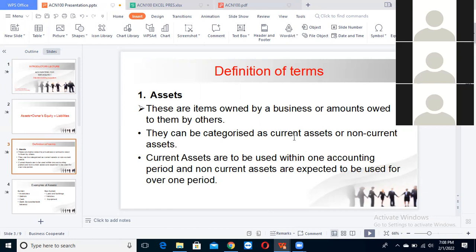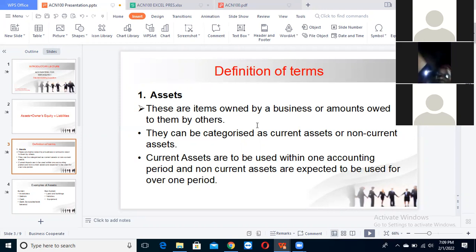So what are assets as far as accounting is concerned? Assets refers to items that are owned by a business. When a business is in operation, it uses certain types of items. Suppose we've got a delivery vehicle to assist our operations. Suppose we've got equipment to assist our production process.